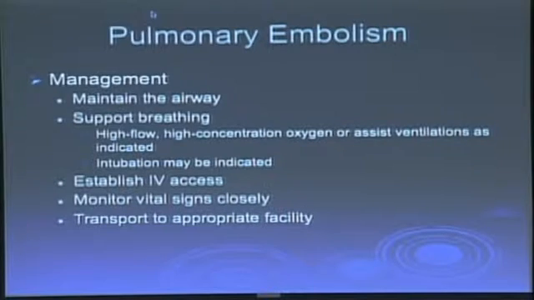If they go into a cardiac arrest, routine CPR, high performance CPR, high flow O2, manage the airway, and you should get them to an appropriate facility. What's an appropriate facility? For a PE, an appropriate facility is take them where they have a 24/7 interventional cath lab.